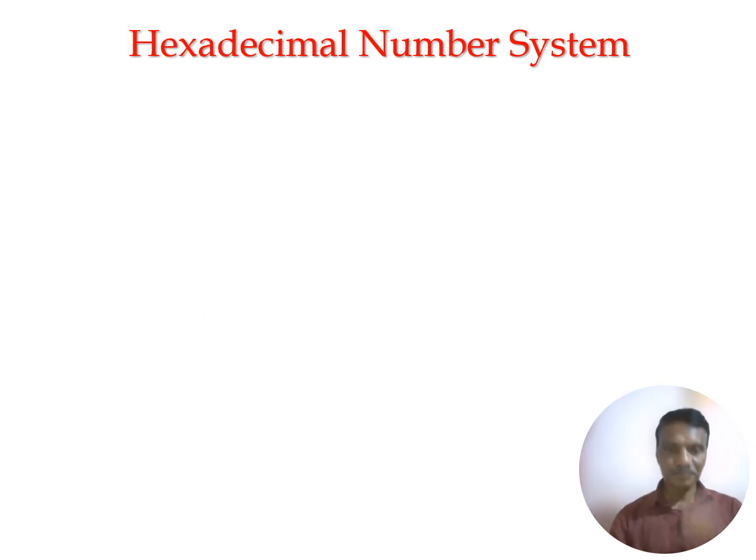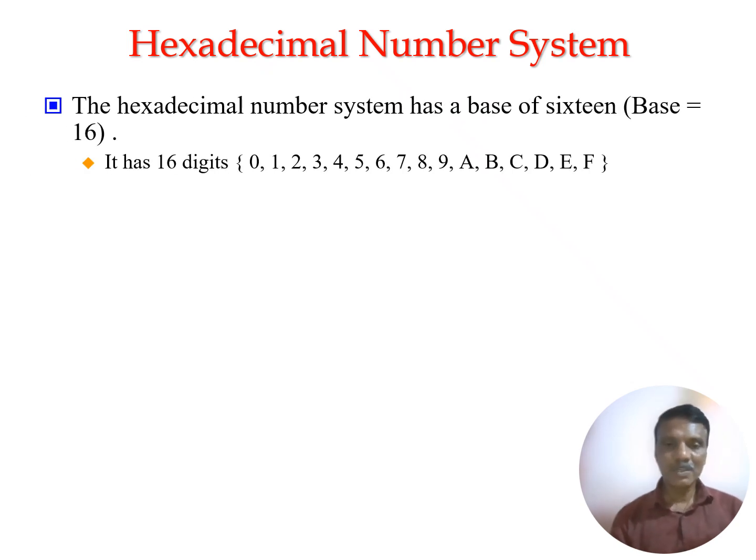Another number system is the hexadecimal number system. In the hexadecimal number system, there are 16 numbers. That is 0 to 9: 0, 1, 2, 3, 4, 5, 6, 7, 8, 9.